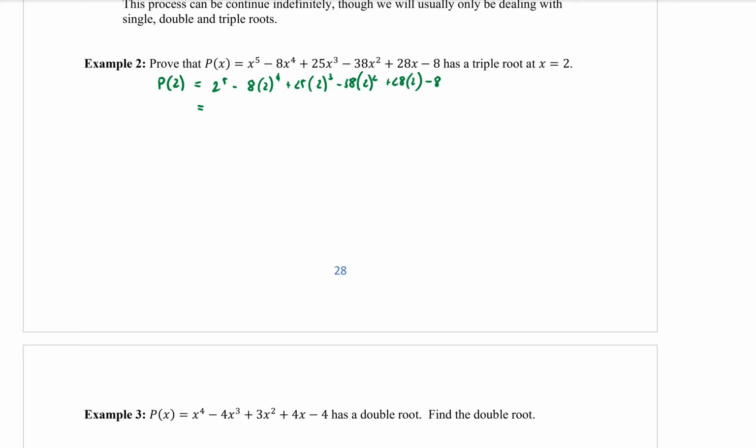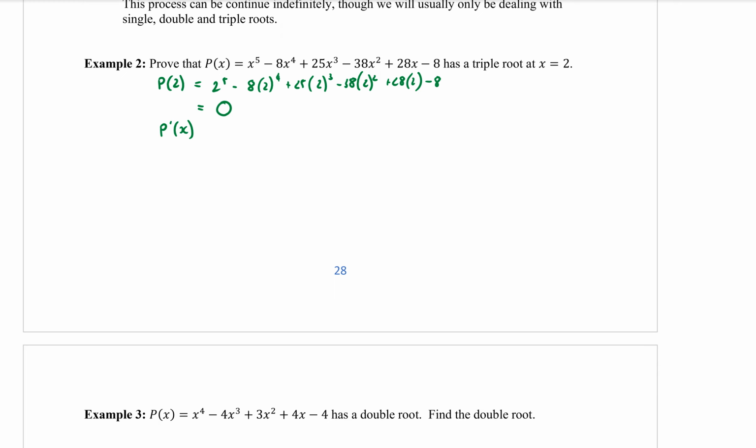And we would type all of that into our calculator, and it does equal 0. And that told us, when we did our factor theorem, that x minus 2 was a factor of that polynomial. Now, instead of having to go to long division, which would be way too difficult for a degree 5 polynomial, we want to test to see if it has a higher multiplicity. So we start by differentiating.